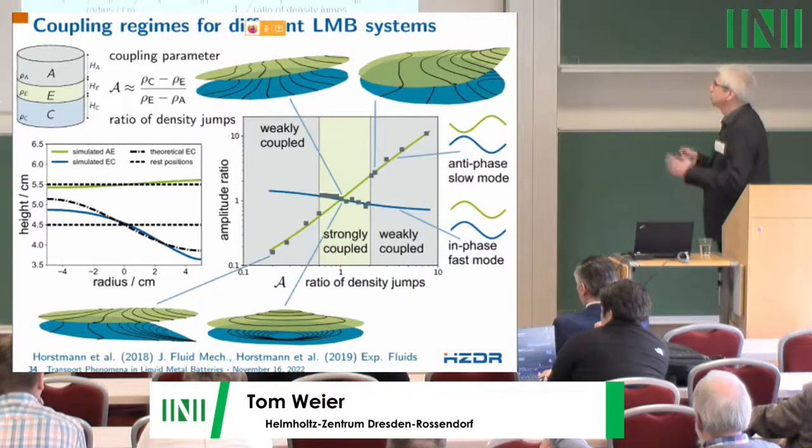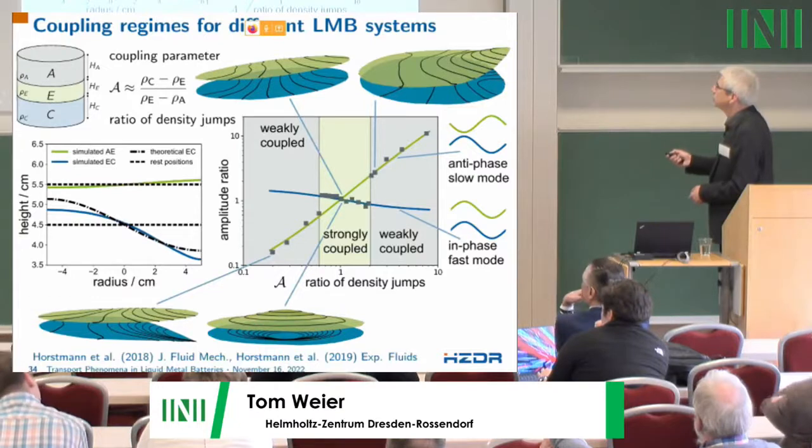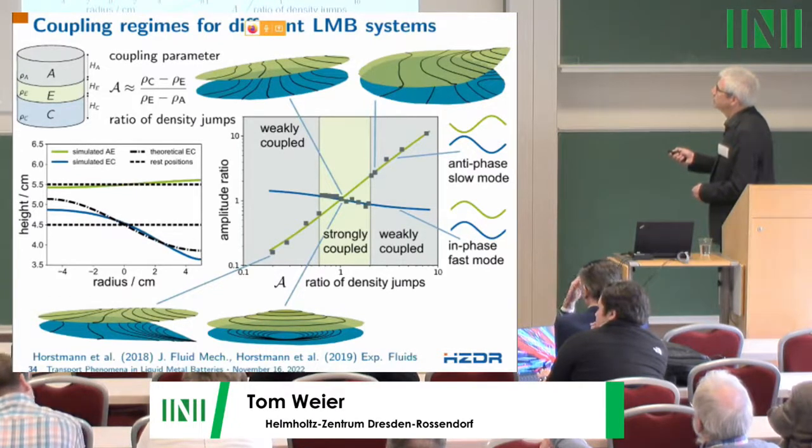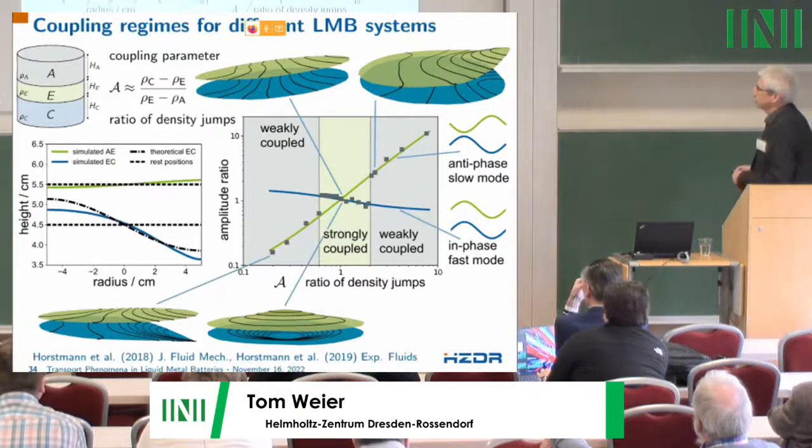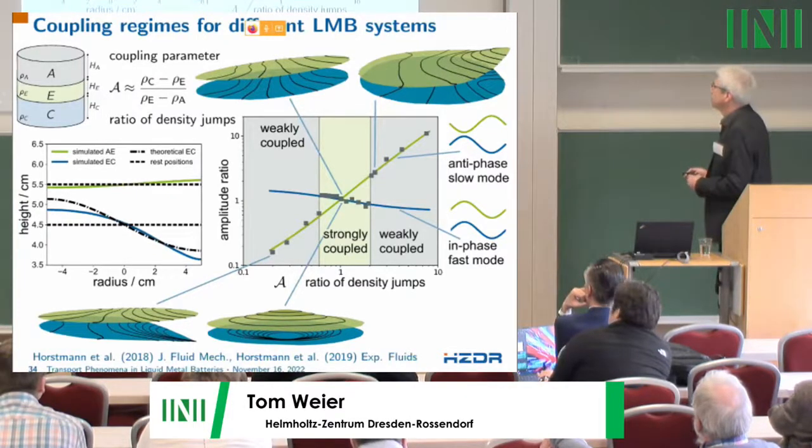So he found, by applying potential theory first, that it's very important to look at the ratio of the density jumps at the interfaces between anode and electrolyte and electrolyte and cathode. This determines the regime. There are 2 different regimes, or 3.